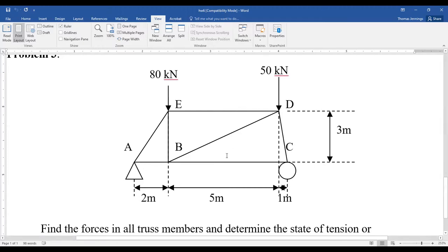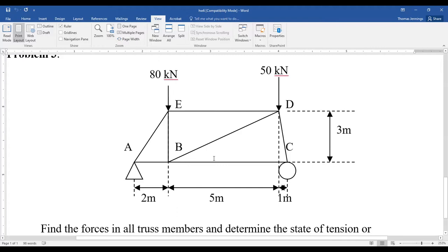When you're working method of joints, which is all we have for this problem, you have to make sure you're using joints that only have 2 unknown members. So the only places we can work right away would be A and C. And then with A and C, we could jump to B and then maybe over to E or D. Either one of those would work.